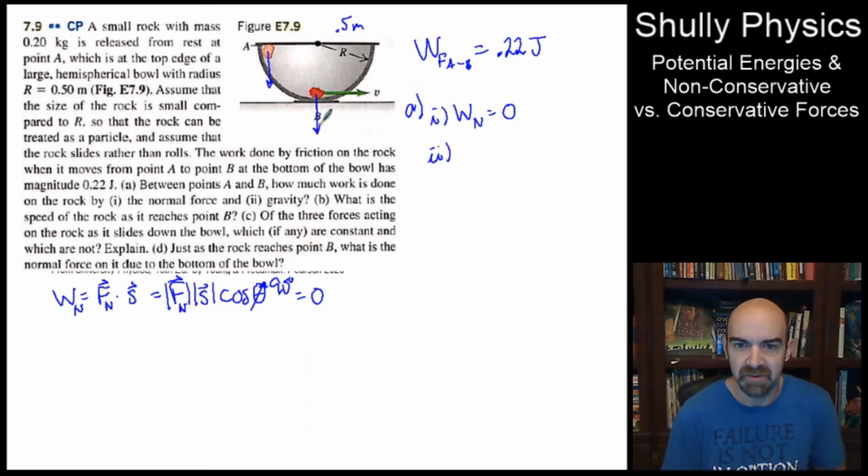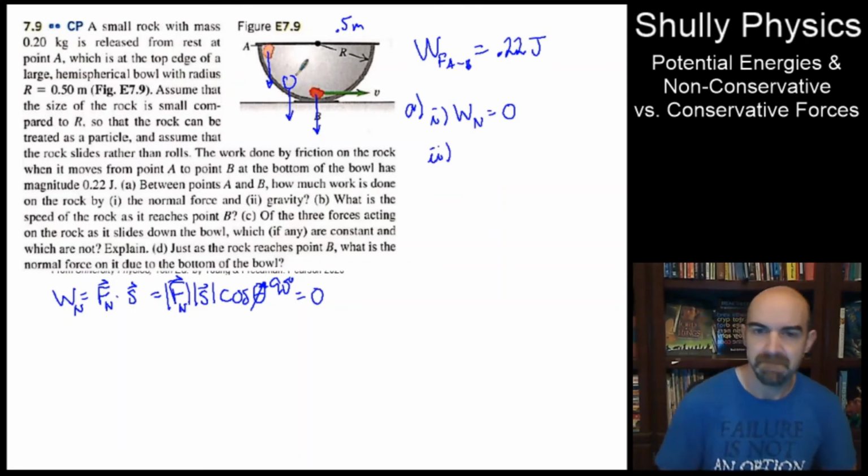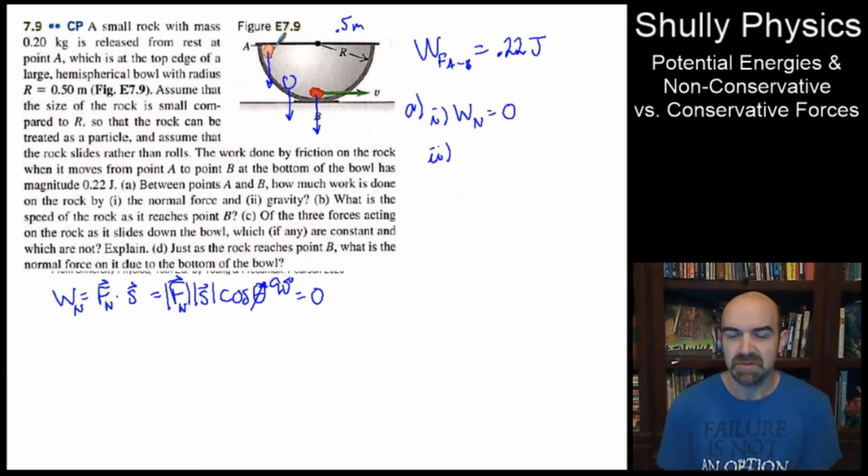Down here, gravity works down. Somewhere in the middle, you got it. Gravity works down. So at point A, it is translating downward. At point B, it's not translating downward. So our big question is, how much work is done on the rock by gravity?